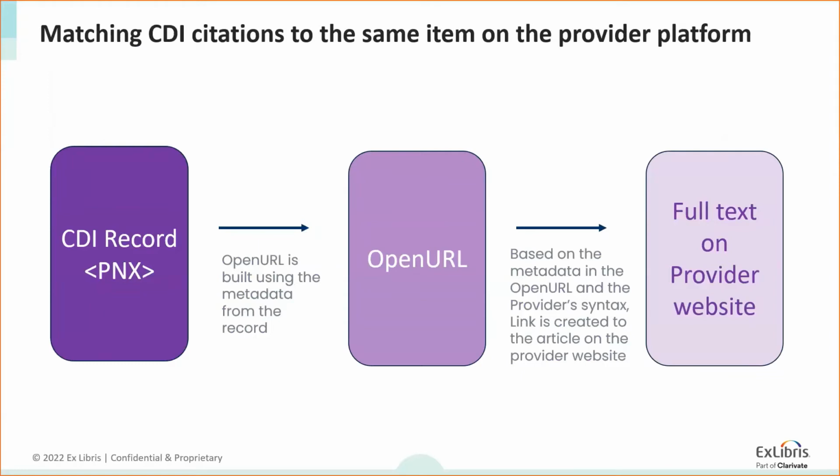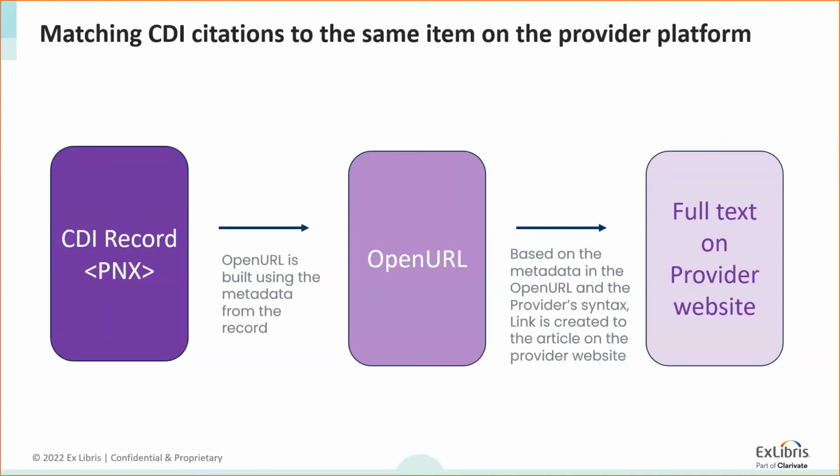But if the provider wants to get links from various discovery systems, from Google Scholar, from all over, they need to support linking syntax that knows how to work with metadata in the open URL. So our teams talk with the providers, and then we build a parser, or small code, that takes the open URL from the record and, based on the instructions we get from the providers, creates the link directly to the article.